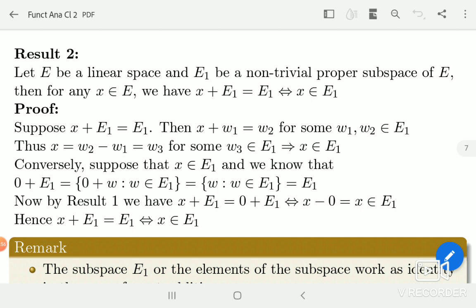So if the representative element is in the subspace itself, the coset is the subspace itself.